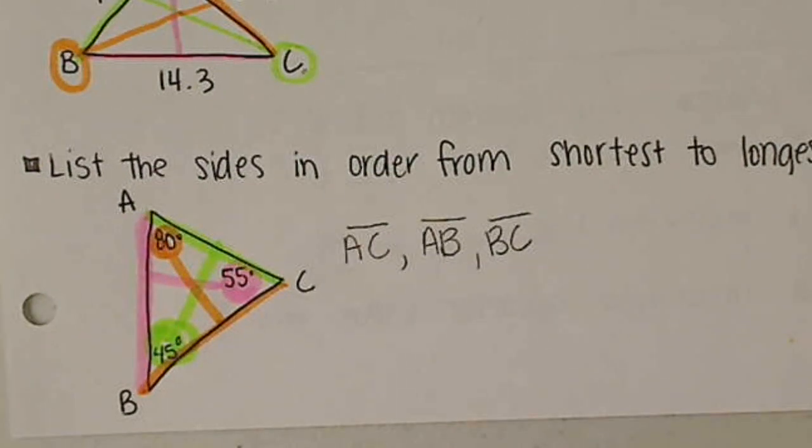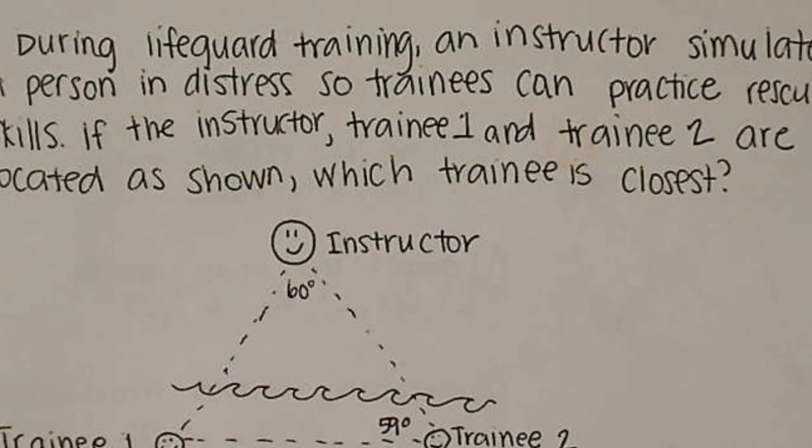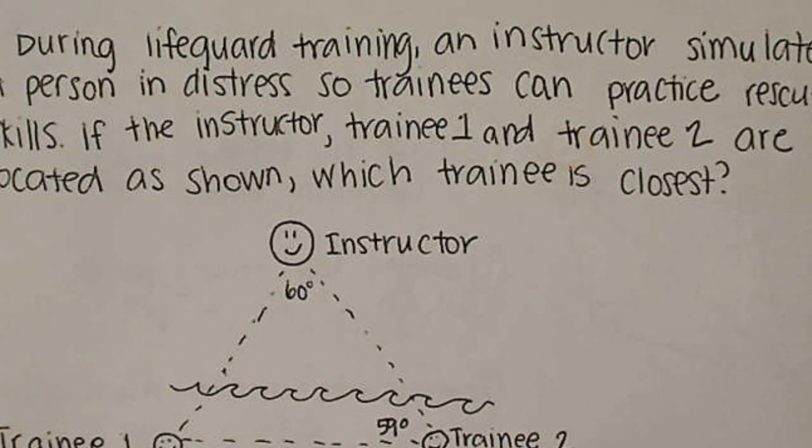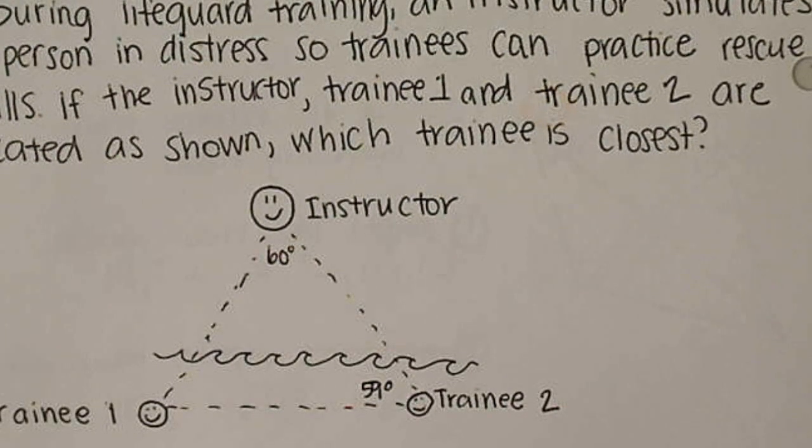Okay, let's flip it over. And I have a word problem. And it says, during lifeguard training, an instructor simulates a person in distress so trainees can practice rescue skills. If the instructor, trainee 1 and trainee 2 are located as shown in a triangle, which trainee is closest?